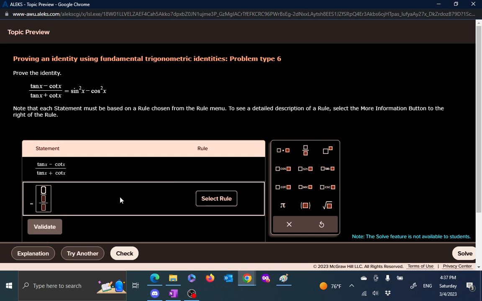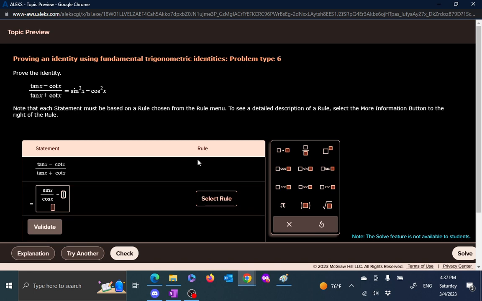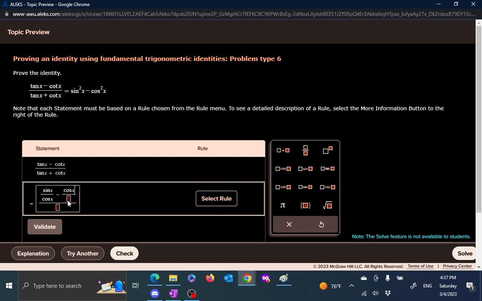And there I'll have tangent is same as sine of x over, of course, cosine of x. Step forward and subtract. Now I have cotangent. Cotangent is the reverse of this, which is cosine of x over sine of x. In the denominator, we are going to have the same thing, except that we are adding them.